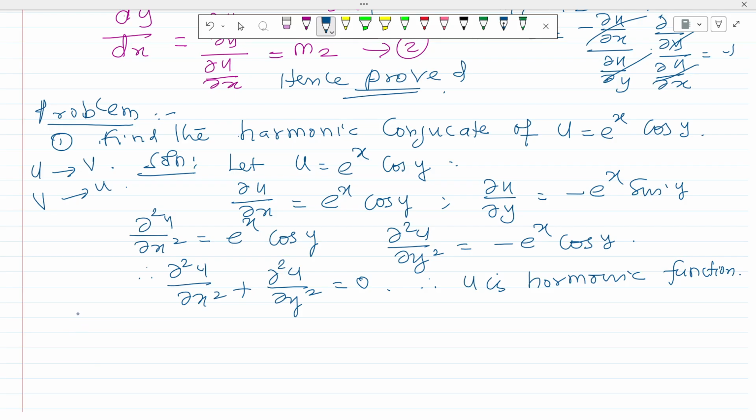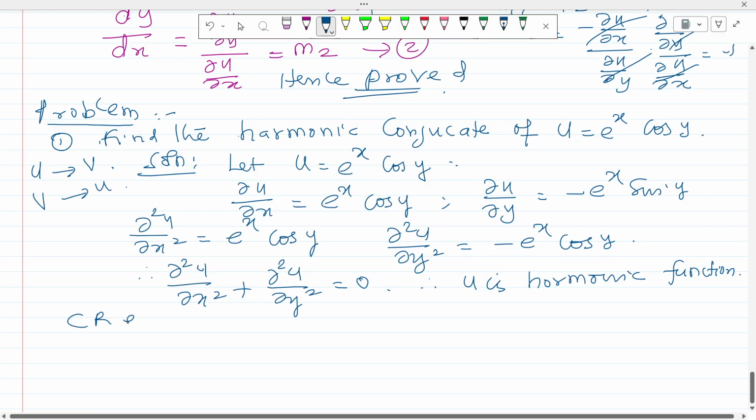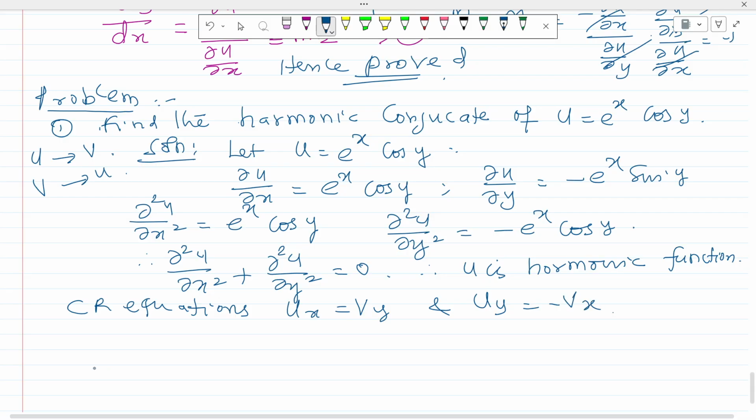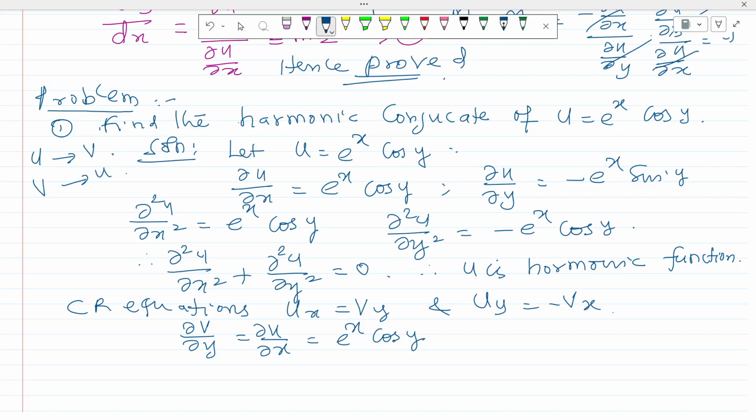Given that it is an analytic function, therefore CR equations are, what are the CR equations? Ux equal to Vy and Uy equal to minus Vx. So dou v by dou y equal to dou u by dou x, which is equal to what? e power x cos y.